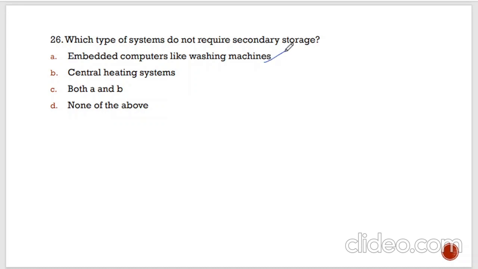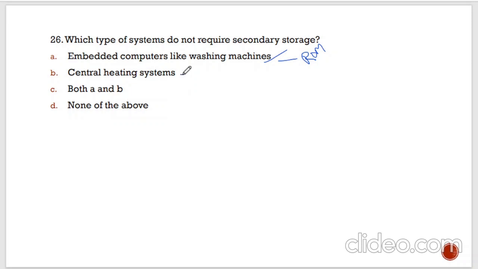They don't require any. With washing machines, the frequently used options are only some set of options. These options can be directly stored in ROM itself. Read-only memory can directly store frequently used instructions permanently, like wash, rinse or dry.